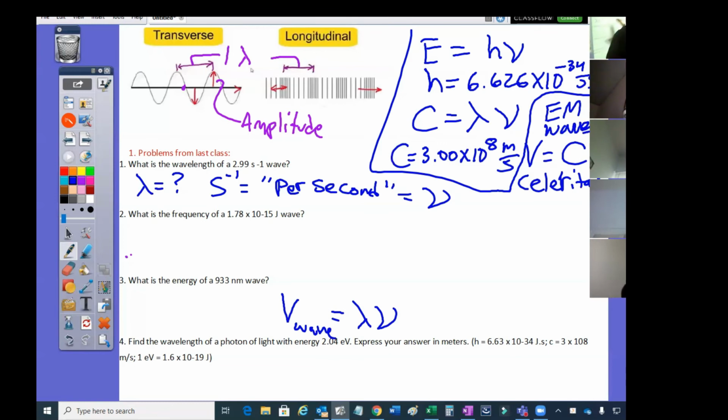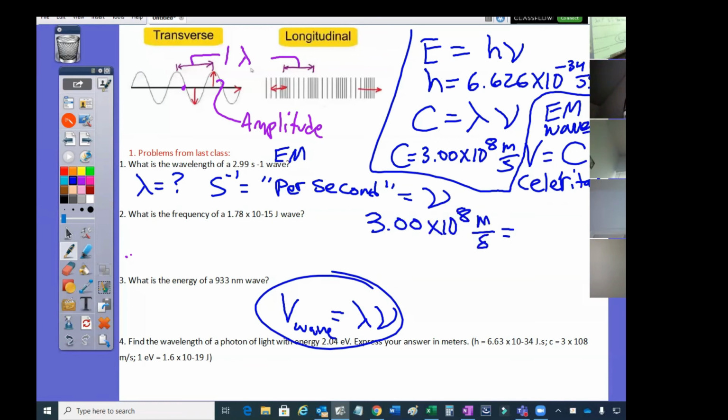So if they gave us frequency and they're asking us for wavelength, we'd have to ask, what's the velocity of the wave? Because the formula for that is here. I'm going to assume that we're talking about an EM wave, an electromagnetic wave. Therefore, c, 3.00 times 10 to the 8th meters per second, the speed of light, the speed of electromagnetic waves, is equal to the wavelength, which is what they're asking for, times the frequency, 2.99 per second.